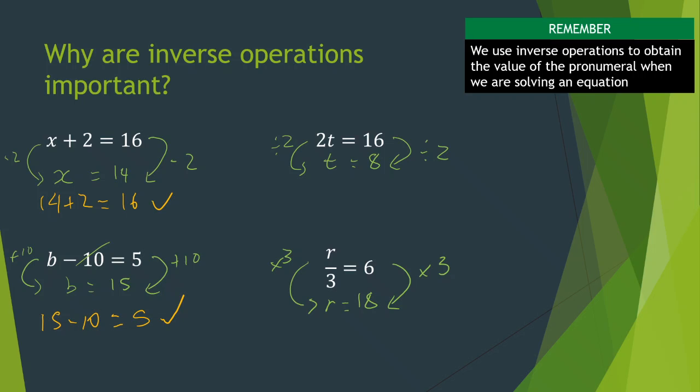Yep, that's correct. T equals 8, so 2 times 8, does that equal 16? Correct. R equals 18, so 18 over 3, does that equal 6? Correct. And that's what you should be doing, so that way you know for sure that you're right, even before you check the answers.